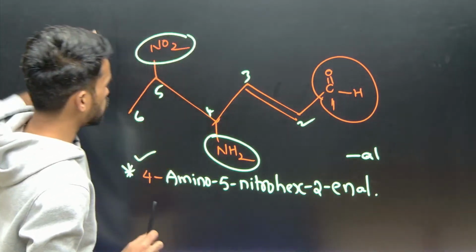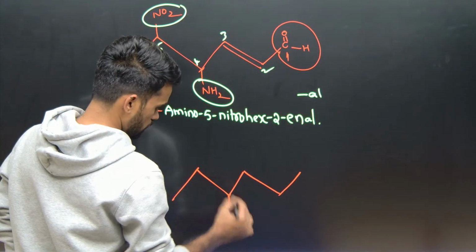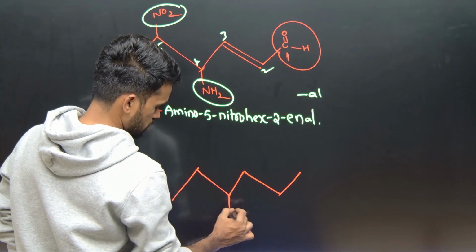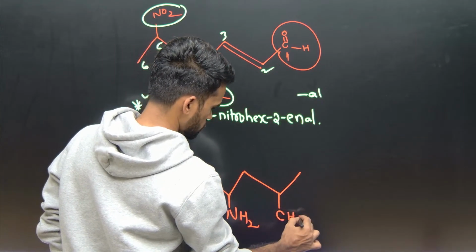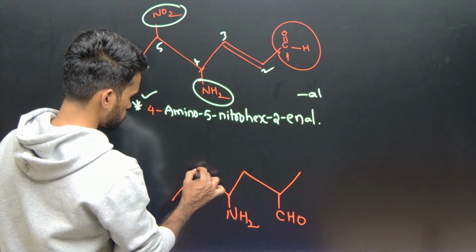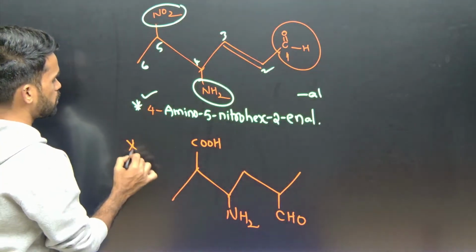Now I will give you a similar type of example and expect an answer from you in the chat box. Just look here. Let me write. What is the IUPAC name of this particular compound?